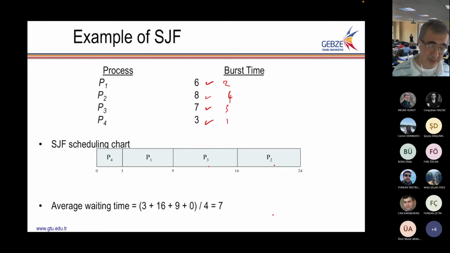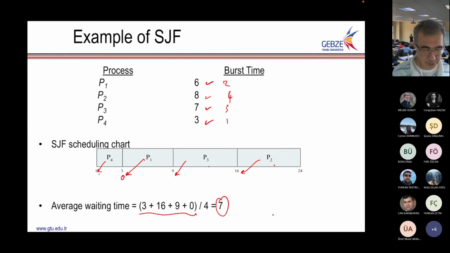That's the execution order. Average waiting time: P1's waiting time is 0, P2's waiting time is 9, P3's waiting time is 9, P4's waiting time is 0. So the average waiting time will be 7.